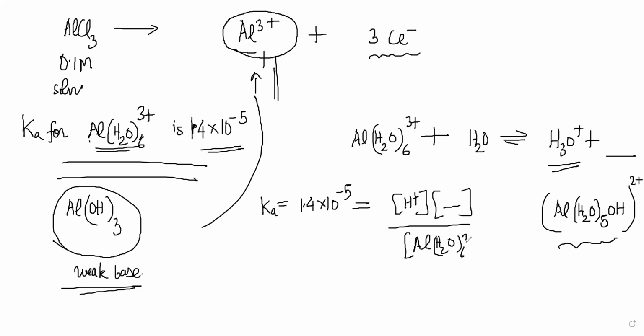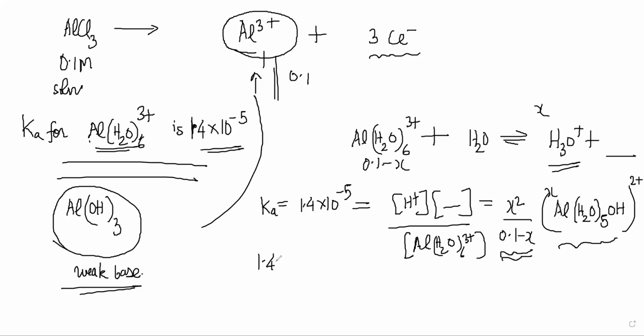Al(H2O)6 3+ concentration. So initial was 0.1, and let's say 0.1 minus X remains, and this is X and this is X. So this becomes, on top, X squared by 0.1 minus X. And I will sort of ignore it first and see if it is fine.